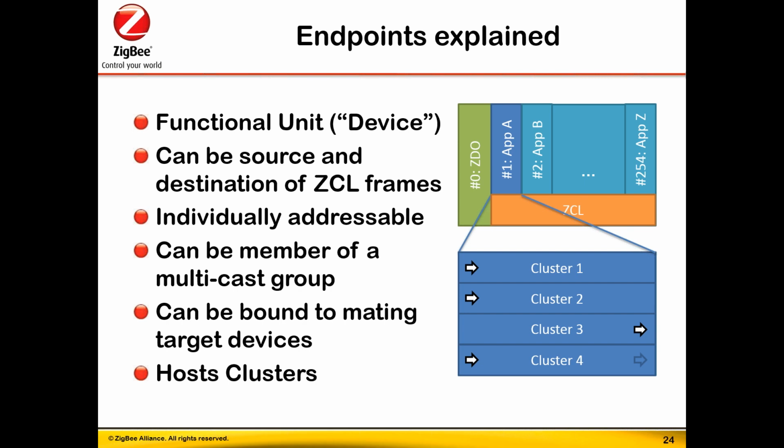For example, if you have an actuator with 8 relays in one device, then you would create an endpoint for each of them, and then you could either switch 4 of them simultaneously or do that individually. Next slide, please.